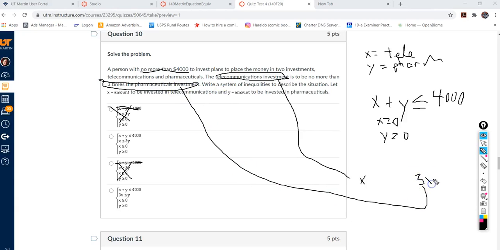So that's 3 times Y. So X is to be no more than 3 times Y. Okay. So that's what I need, and that's what we have here, and that's not what we have there. So that's X less than or equal to 3Y. Okay, so out of all of those, it's going to be the second one.